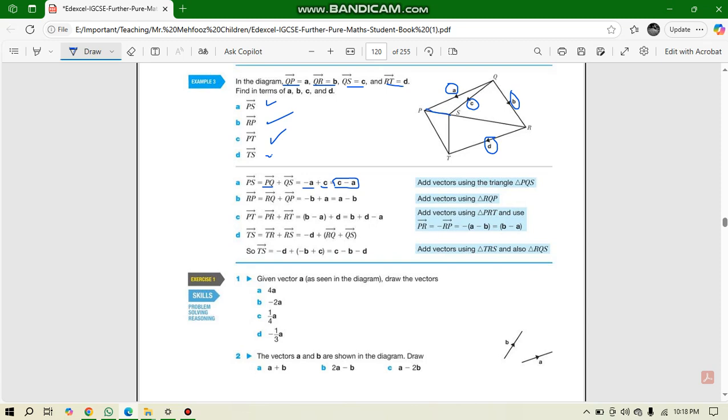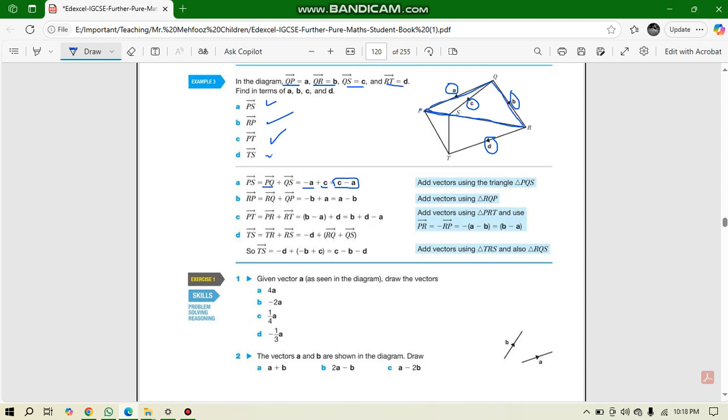Next one is RP, the second part. RP is this large vector. So this large vector can be found by using PQ and QR. So that will be equal to RQ, this vector RQ, and QP.